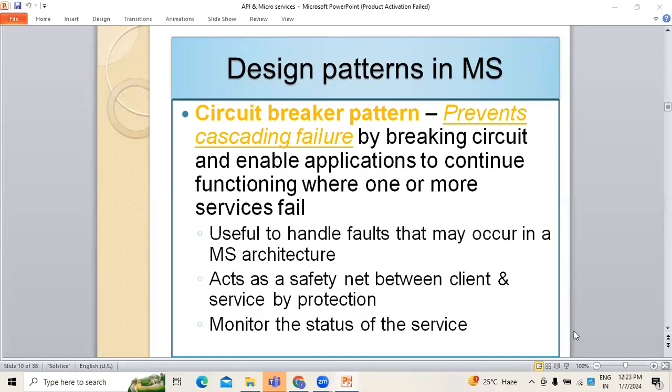At the same time, it is also useful to act as a safety net between client and services by protection, when data transformation has been taken.